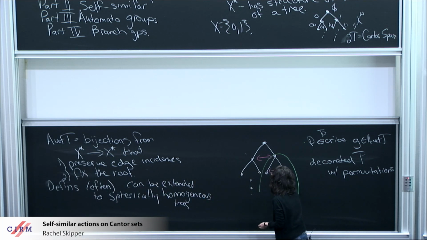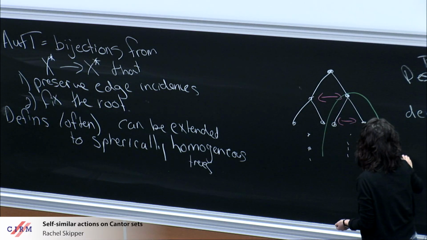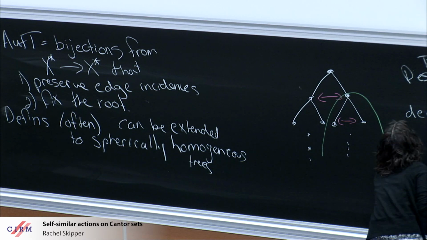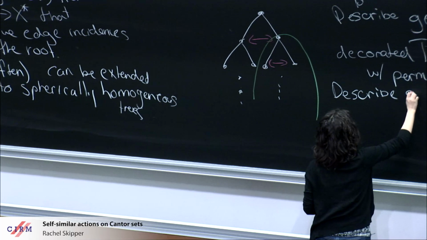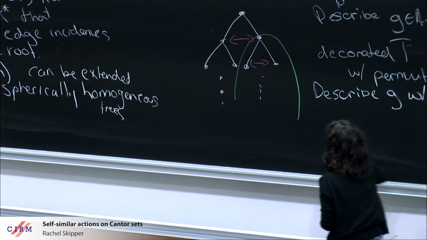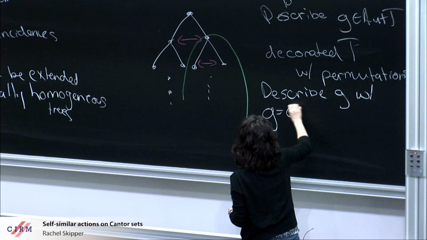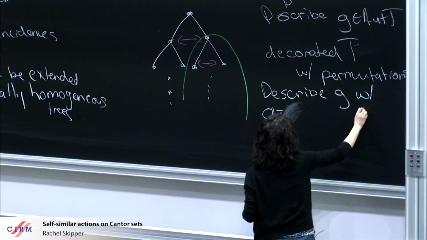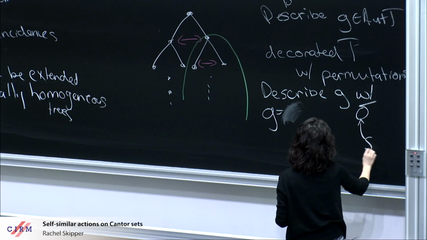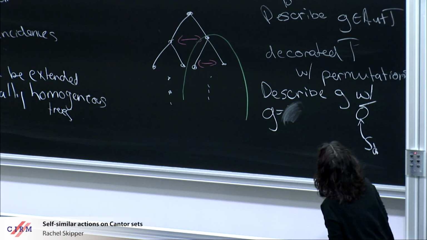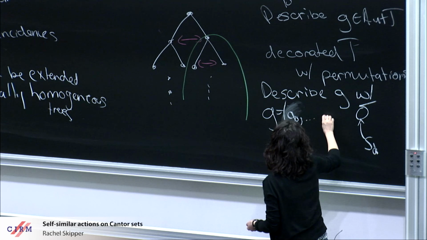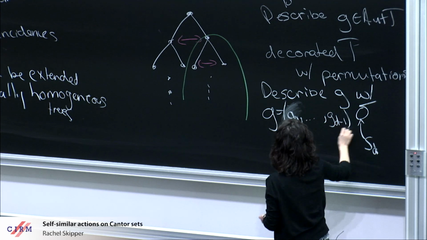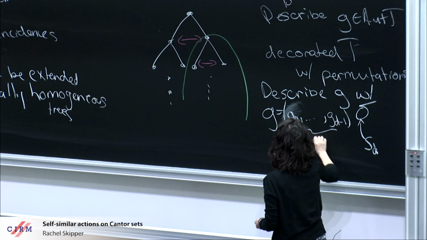And so what we're going to observe is that I can describe G with G being given by some permutation. This is going to be some element in the symmetric group on D letters, and a new set of automorphisms, G0 through GD minus 1.